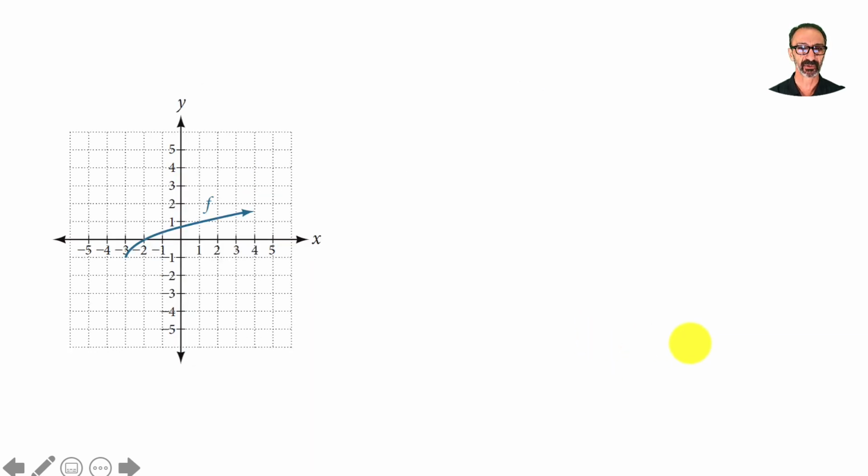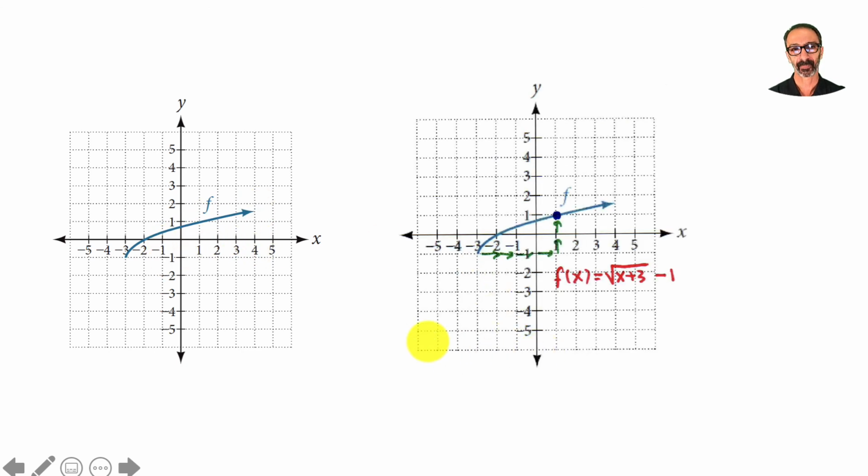Here's another example. If this is a square root, it looks like we took it to the left and we took it down. And it looks like there is no vertical stretch. Originally it goes from here to here, like 1, 1, then 4 takes you to 2, and so on. That's like a square root of 4 equals 2.